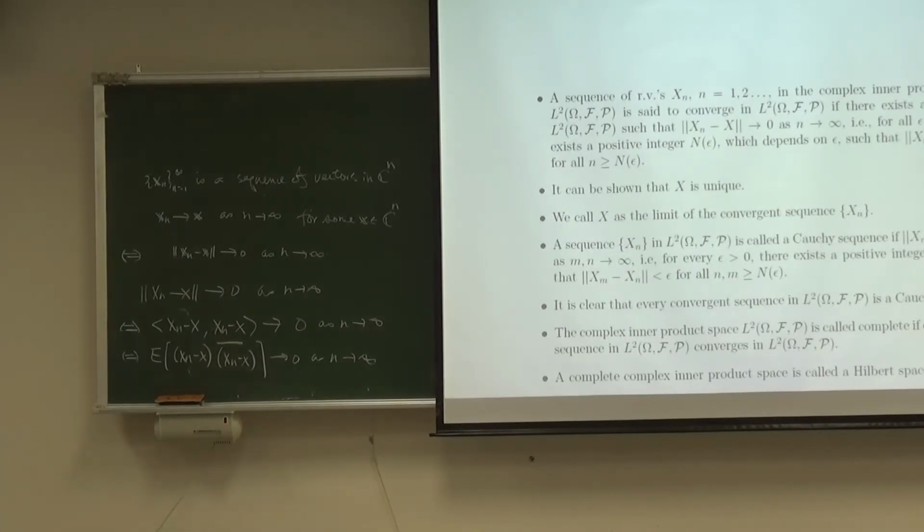Every time you can use this original definition of the inner product, but it is more convenient to use the linear algebra notation because it is universal, so you just use the norm. But don't forget how to compute the norm of a random variable.